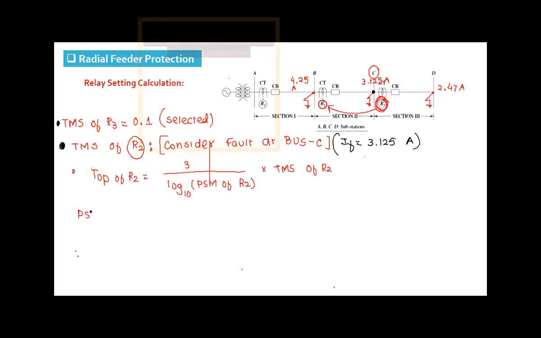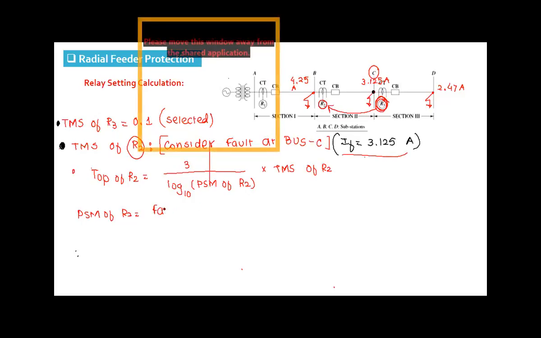What is PSM of R2 for this fault? You have to take the same current. Fault at bus C upon pickup of R2. So that is 3.125.